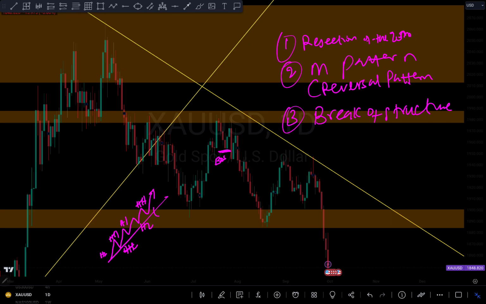So now that we see a break of structure, that is another confluence that it's reversing from a higher low, higher high to a lower low, a lower high. We can see that this candlestick right here broke this previous low right here. That is the previous higher low based on this uptrend, because we are going uptrend here.